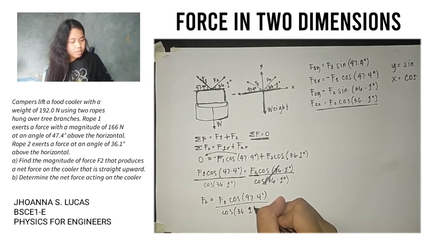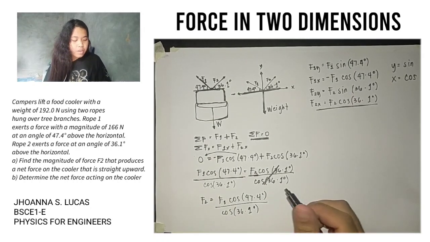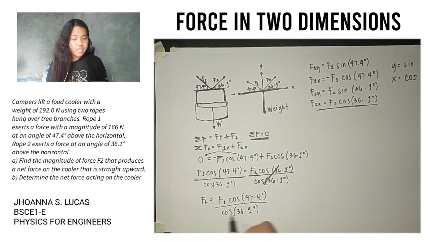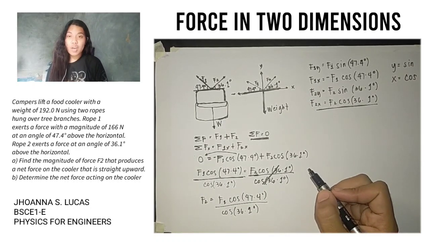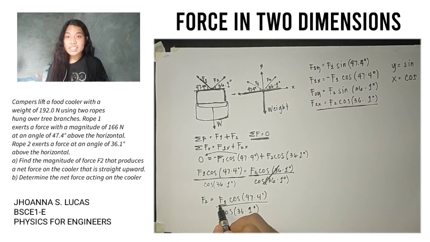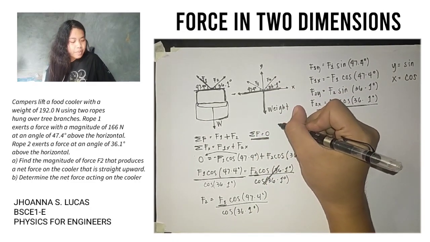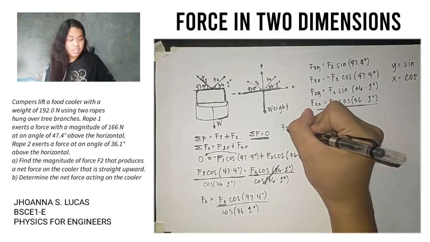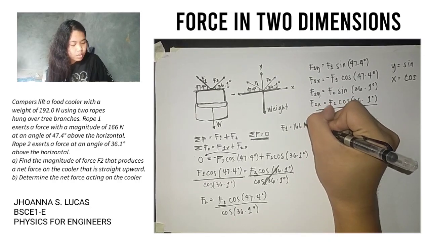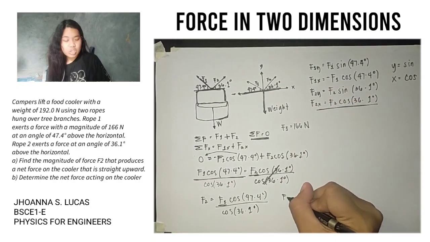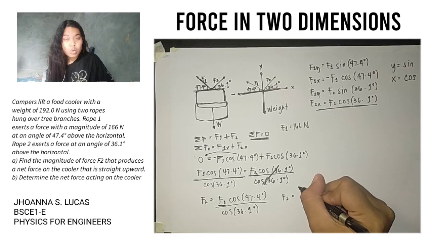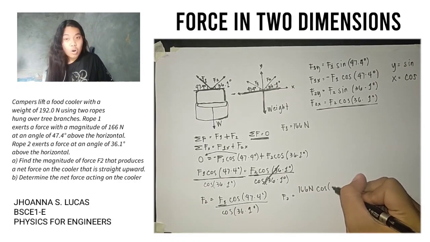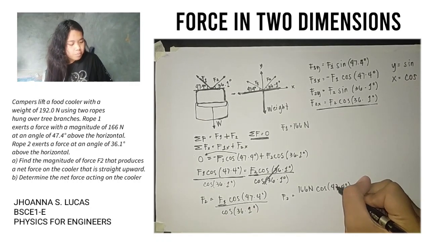Since we have the given here that the magnitude of F sub 1 is 166 Newton, we can replace F sub 1 with 166 Newton. So F sub 2 is equal to 166 Newton times cosine of 47.4 degrees over cosine of 36.1 degrees.